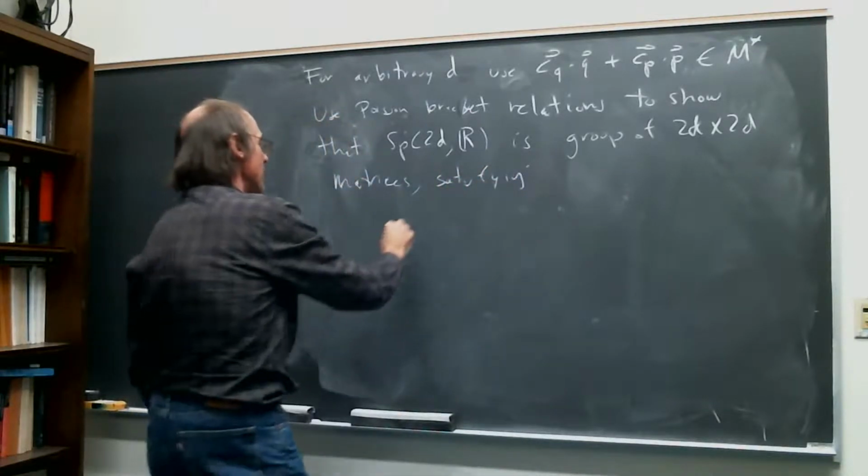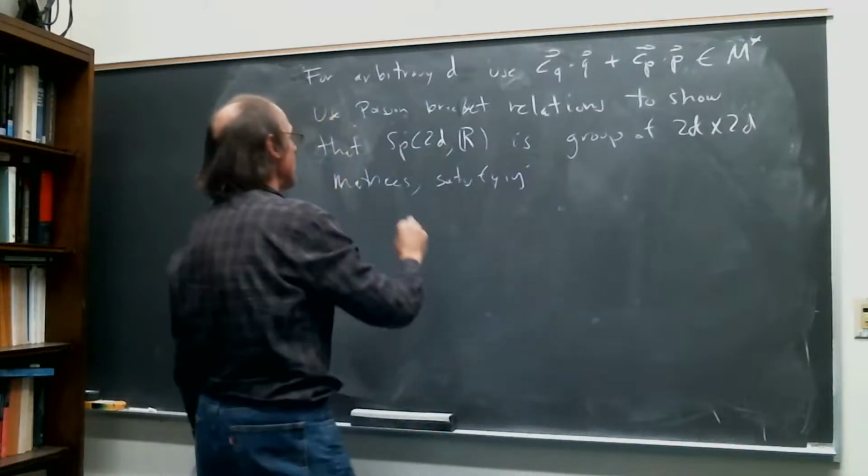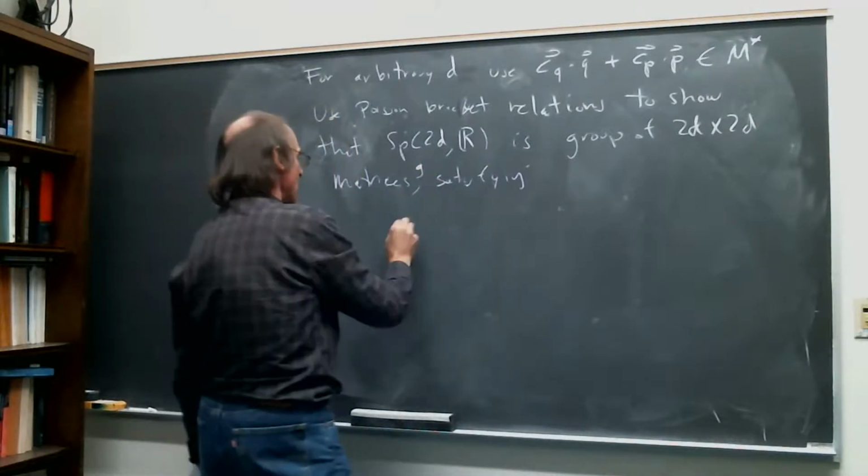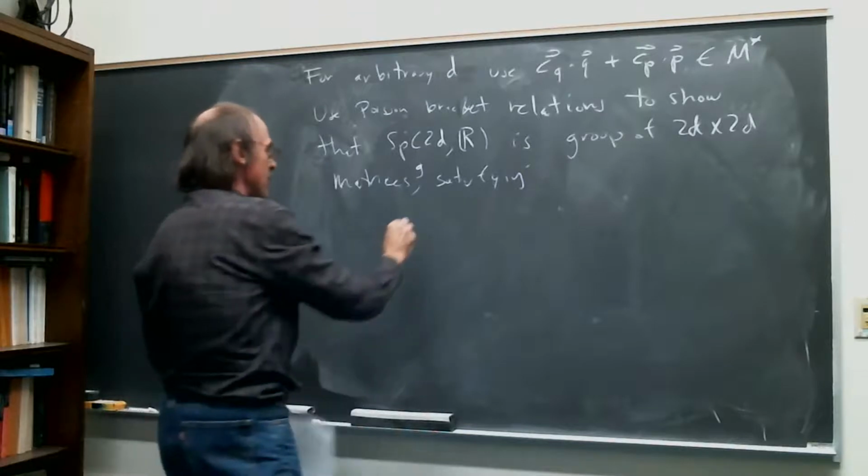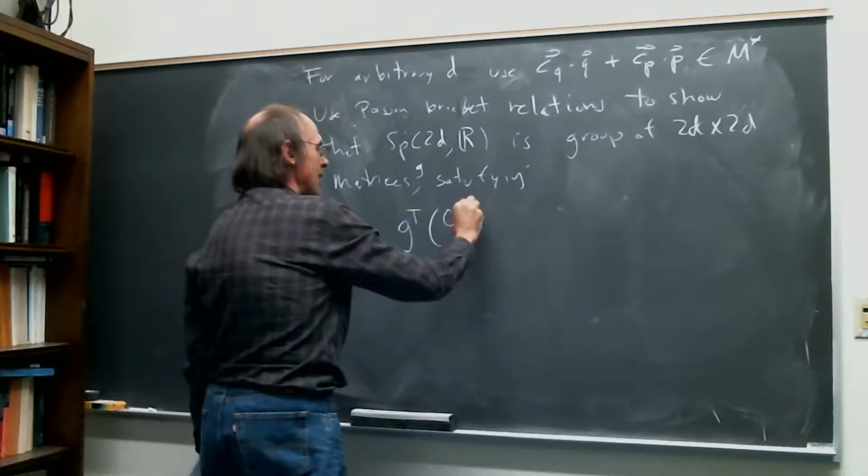You have to say that if you take 2D by 2D matrices G satisfying G, and then you take the transpose, and then you take the block diagonal thing.